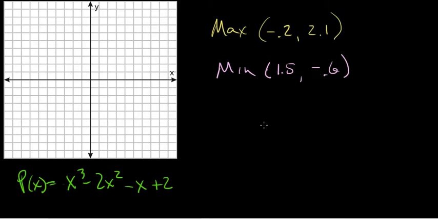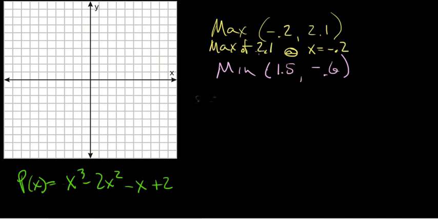So what does that all mean? For example, if the question is to approximate the local minima or maxima, I've done that right now. The local maximum has a maximum of 2.1 at x equals negative 0.2.